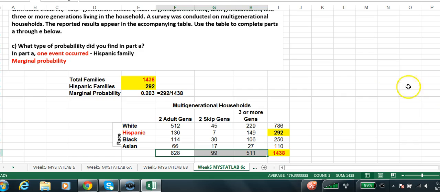We locate these numbers when we're looking at the table along the farthest right-hand column, with the exception, of course, of our total, or the lowest horizontal row, with, of course, the exception of the total. So that's where we're going to find our numbers that will allow us to calculate our marginal probability.